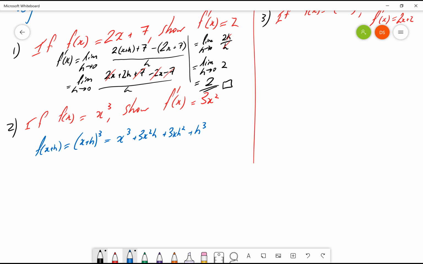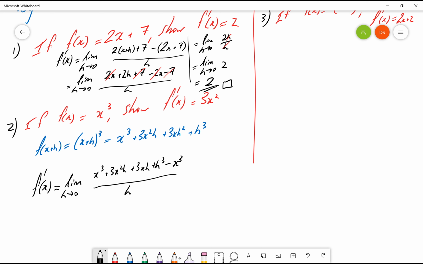So I know how to expand that, and so let's go up and write up what's going on. f dash of x is equal to limit as h tends to 0 of, I'm going to skip this part, I'm just going to write the expanded form, x cubed plus 3x squared h plus 3x h squared plus h cubed minus x cubed, because it's f of x.